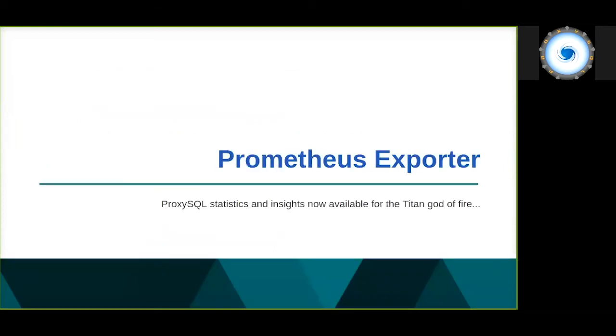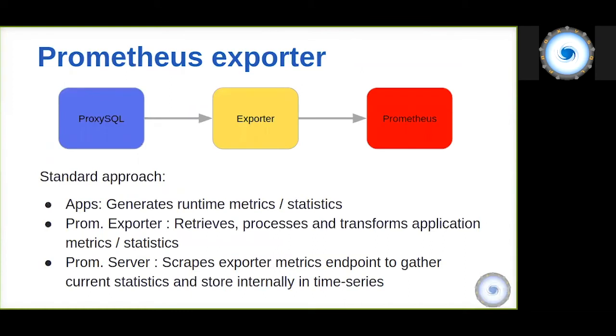Now, the Prometheus exporter. This is probably the most interesting feature that we are going to speak about right now. In a classic setup, you have an application that generates metrics and statistics, and then you have a Prometheus exporter that connects somehow to this application in a variety of ways and processes metrics from this application and transforms those metrics into statistics.